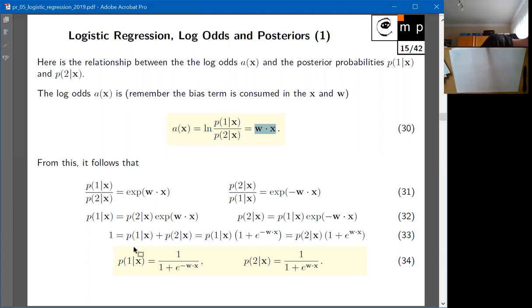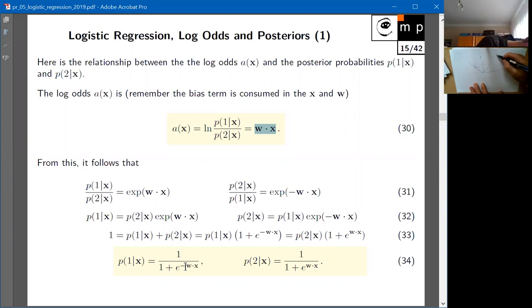And from this, we get the expression for the posteriors. That's what we announced before. So if we assume linear log odds, the posterior probabilities will have what is called a sigmoidal function. One way to look at it is, what are we doing here? In our d-dimensional space, we have some vector w, and when we want to classify, we take the x, and the scalar product is projecting.